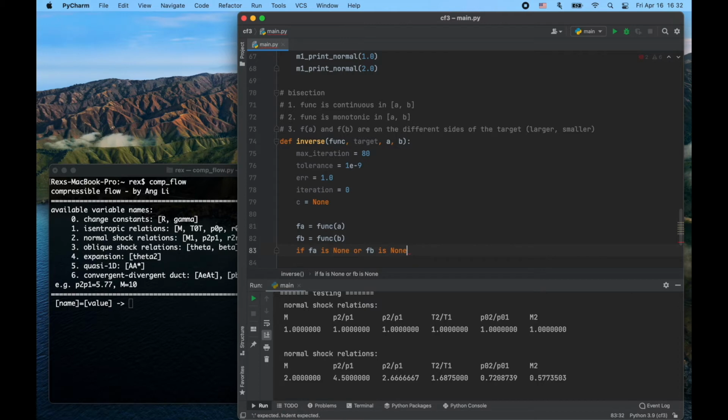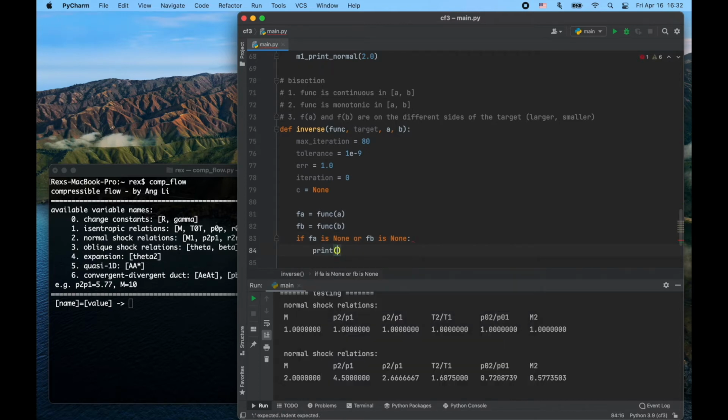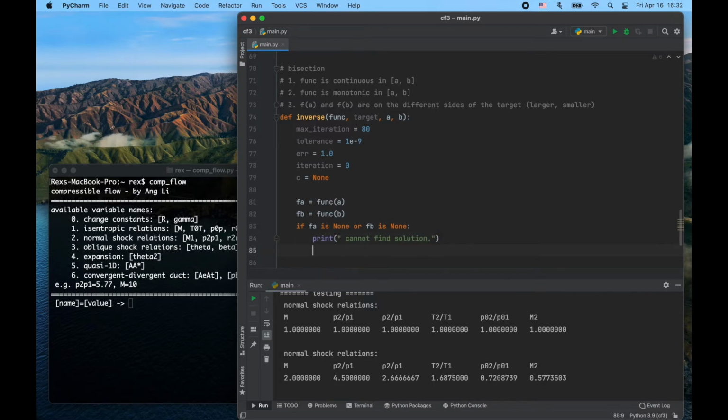So if either of them is None, we have to stop the function. We will print out cannot find solution, and then return None.